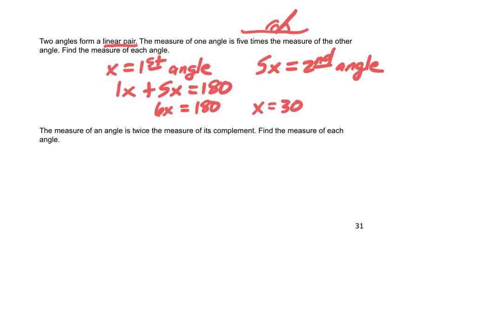So the first angle is 30. To find the second angle, what would my second angle be? 150. 30 times 5. So the first angle is 30 degrees, the second angle is 150 degrees.